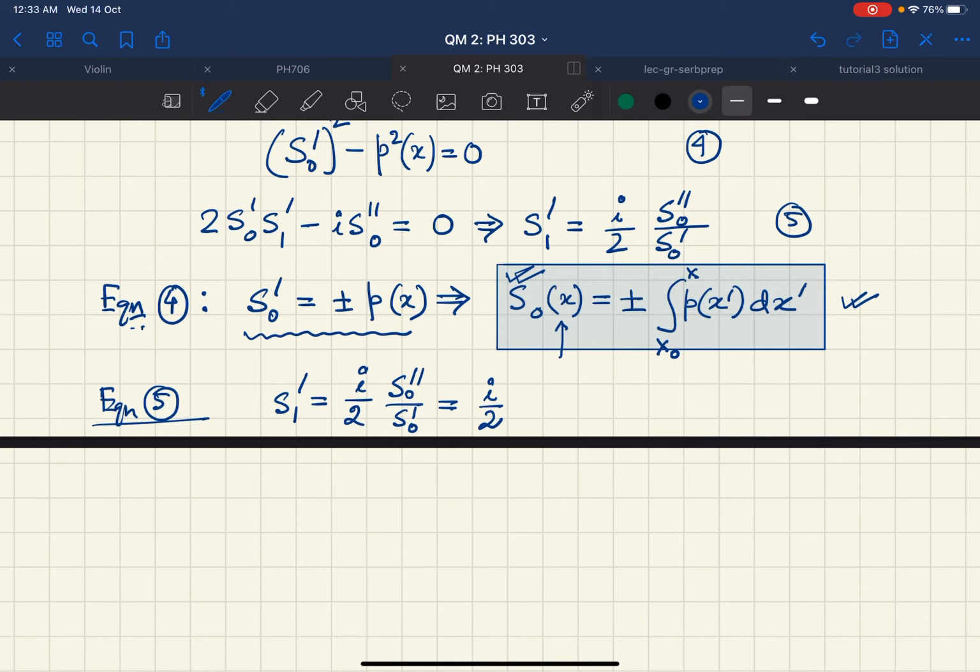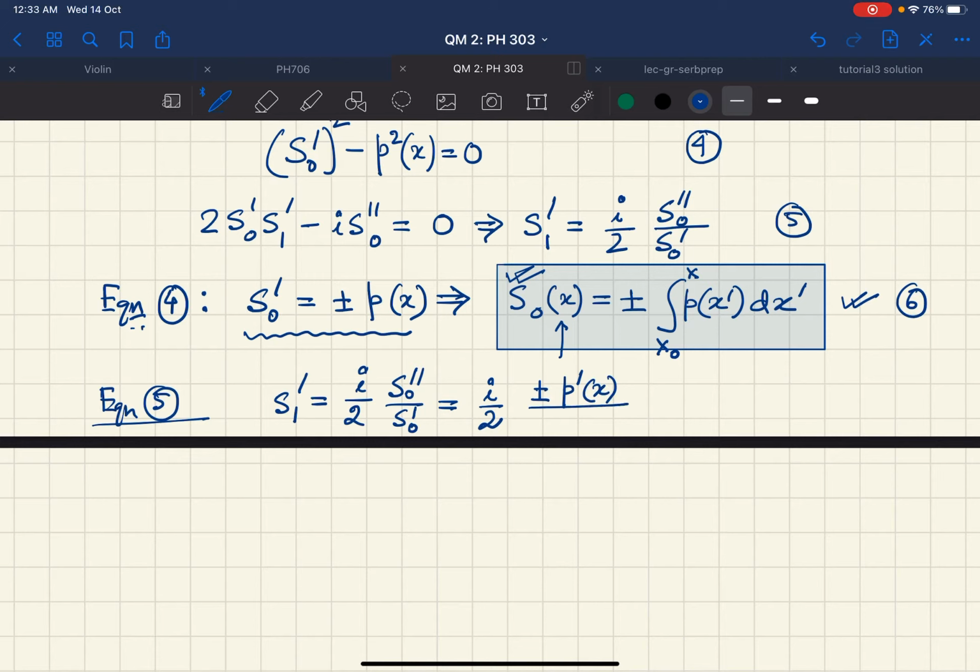I know that if s0 of x is plus minus the integral of p of x prime dx prime, then s0 prime should simply be plus minus p of x, and s0 double prime should be plus minus p prime of x. So this is what we obtain from equation number 6.